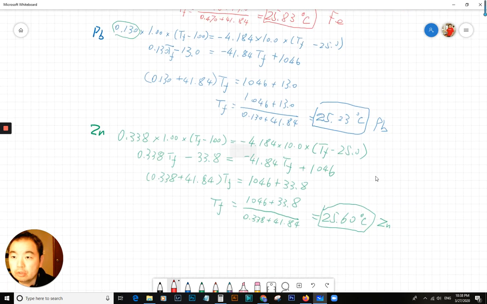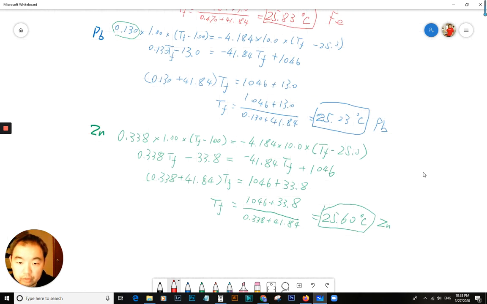So the order of the final temperature is lead, which is 25.23 Celsius and is the lowest, then the zinc, 25.60, and then the iron, which is 25.83.